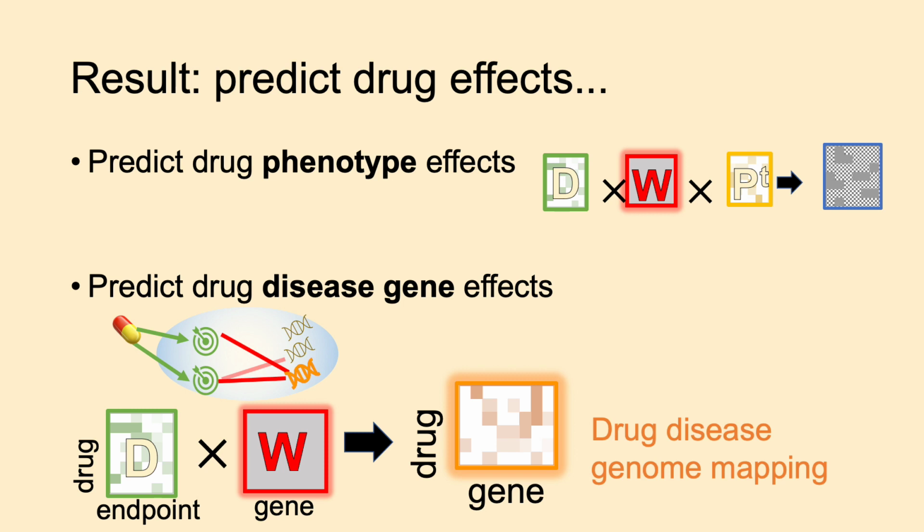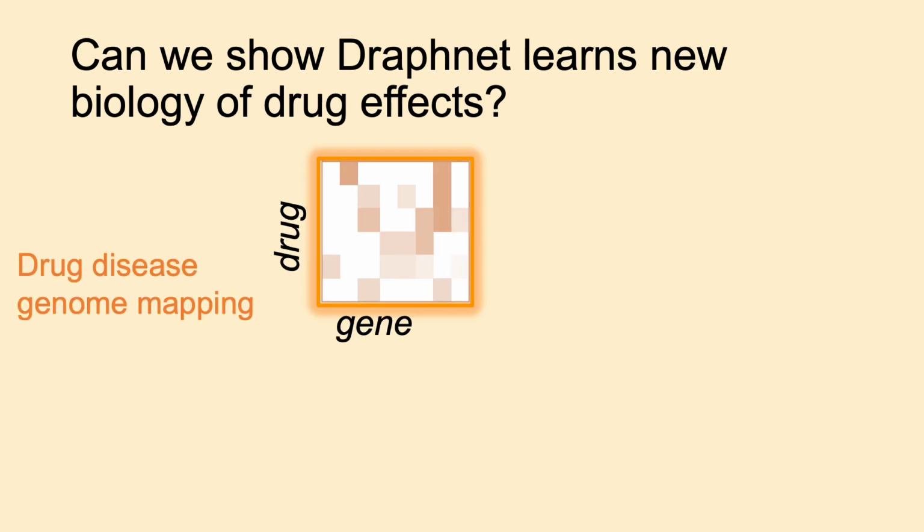So that gives us what we call the drug disease genome mapping, which is, for all drugs, we estimate each drug's effect on all the disease genes that could have explained the effects of the drugs on the phenotypes. So how do we know that this drug disease genome mapping is actually learning something related to drug biology?